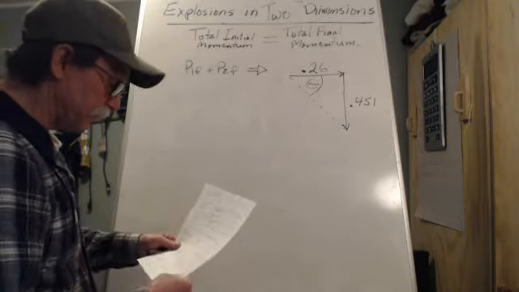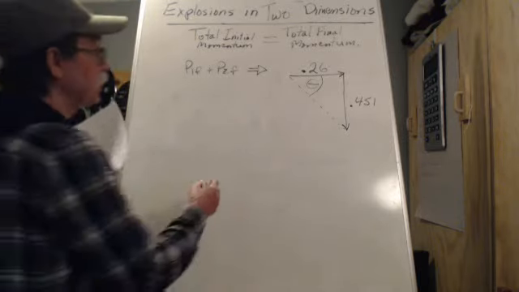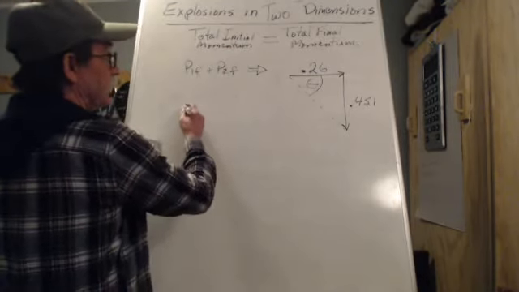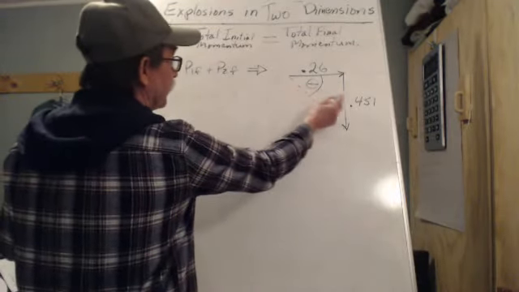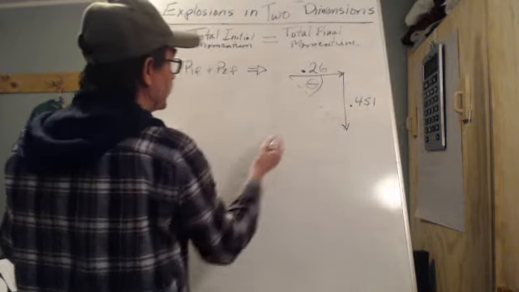If you do some basic trig, you're going to see that this angle here, that would be the opposite. This is the adjacent.